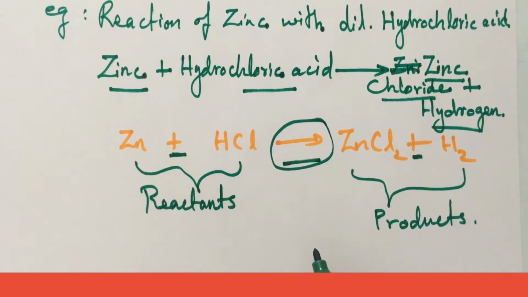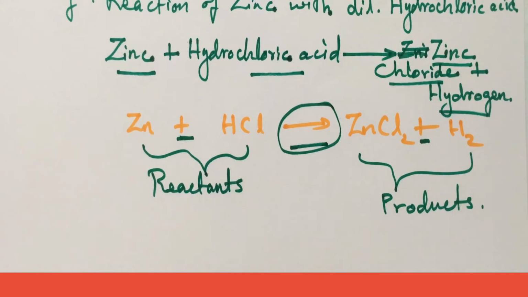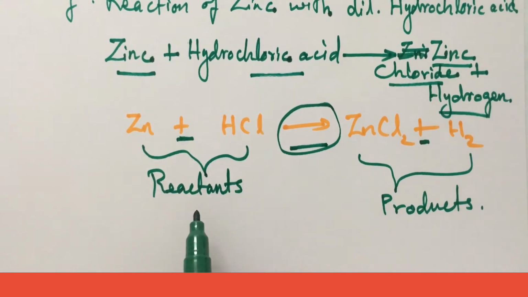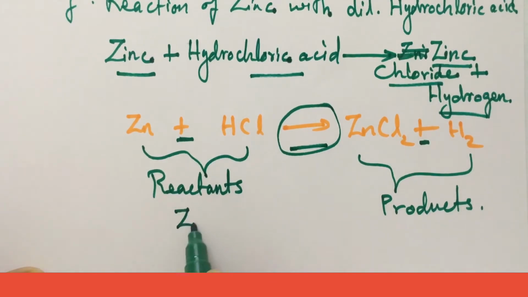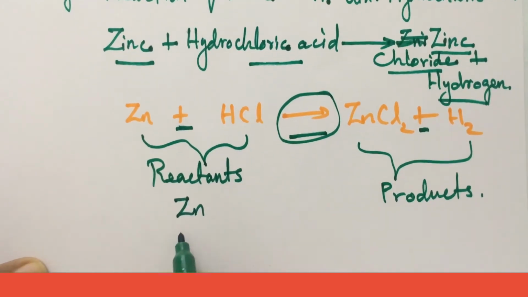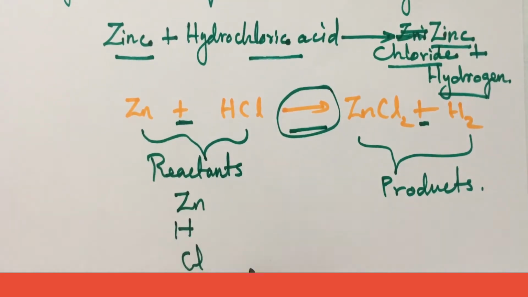Now we are moving into the third step, balancing the chemical equation. If you look at it, on the reactant side we have zinc, then HCl, where hydrogen is there and chlorine is there, right?